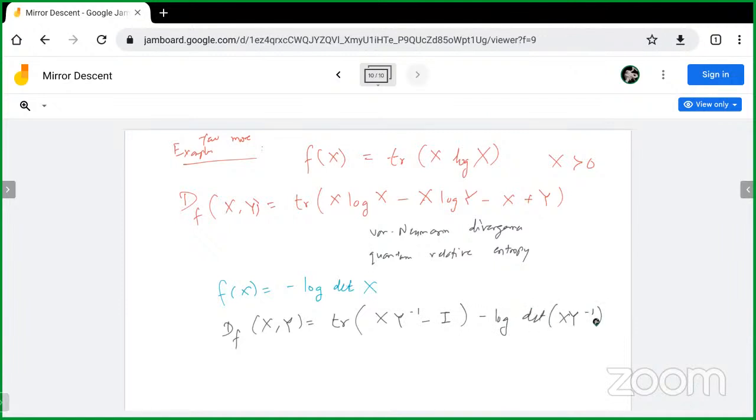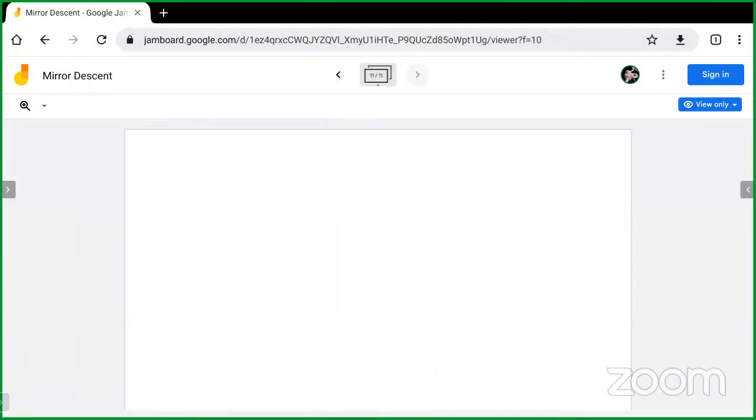It's also called the log determinant divergence. I'm saying all this so that if you see it in some book or paper, you can recognize it. These are different examples.